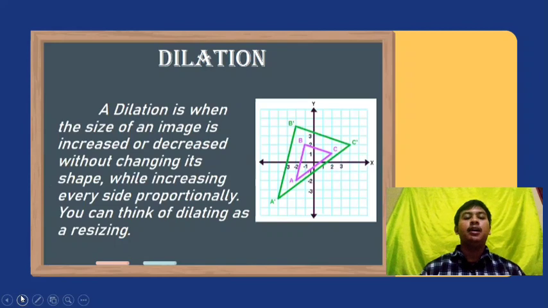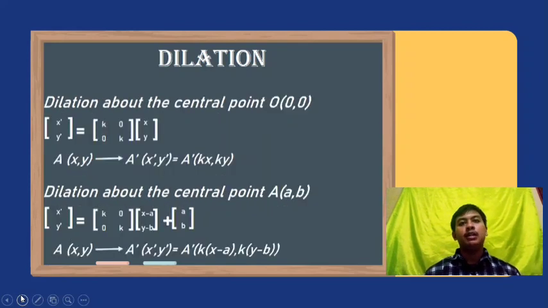In dilation, we have two formulas. The first formula is dilation about the central point O, which is (0, 0). We use the matrix and we get A' equals (k times x, k times y). The second formula is dilation about the central point A, which is (a, b).